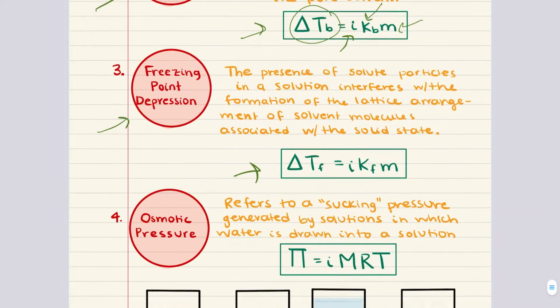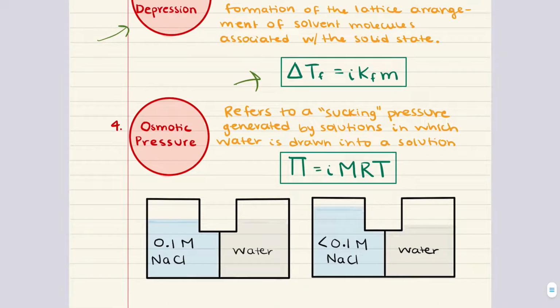Now, the last colligative property we want to talk about is osmotic pressure. This is the pressure that's required to prevent the free flow of solvent molecules through a semi-permeable membrane from a region of lower solute concentration to a region of higher solute concentration. Now, osmosis occurs because solvent molecules naturally move to equalize solute concentrations on both sides of the membrane.